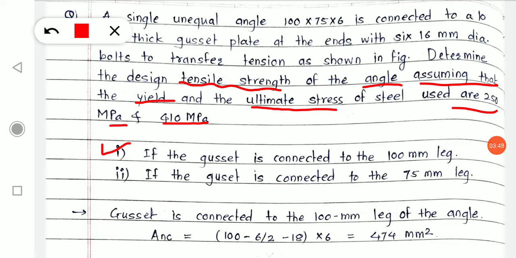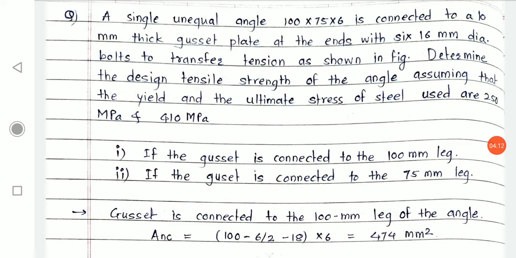In the second way they said to connect the 75 mm leg to the gusset plate, and that's why we have two cases. We will solve these two cases. One case I will solve for you, the second case I will give you to solve at home. I will release details of that solution for the second case in your WhatsApp group. So let's start with the first.